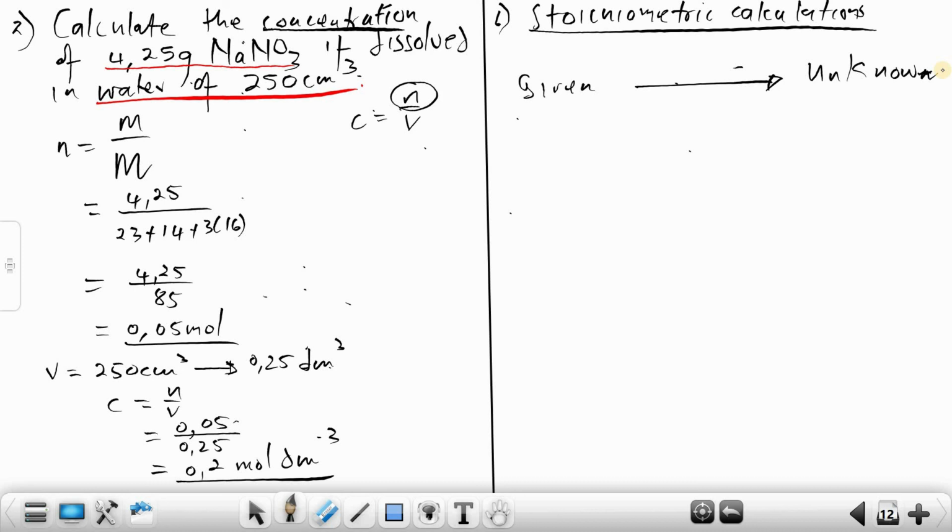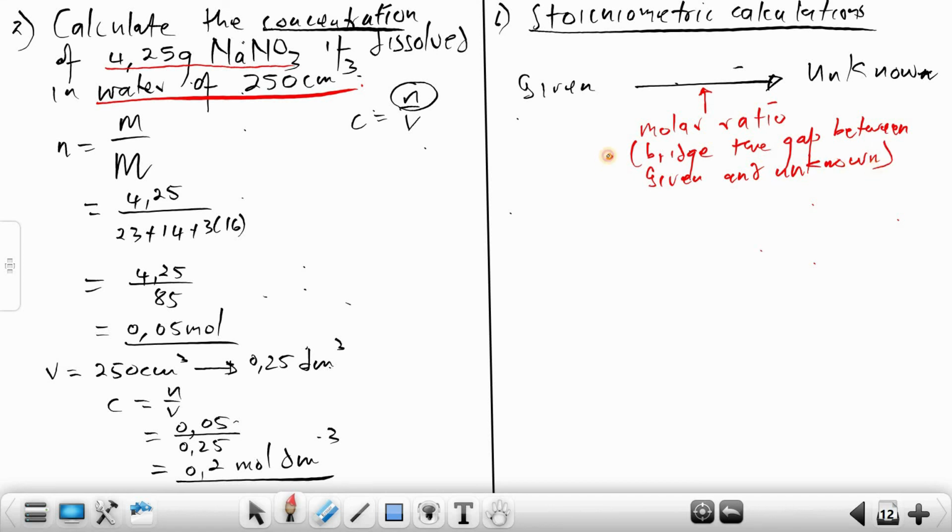But now I need to cross this bridge, because for me to move from the given to the unknown, I need a new concept which is called molar ratio. Now one will ask, what is this molar ratio? Molar ratio allows us to bridge the gap between given and unknown.